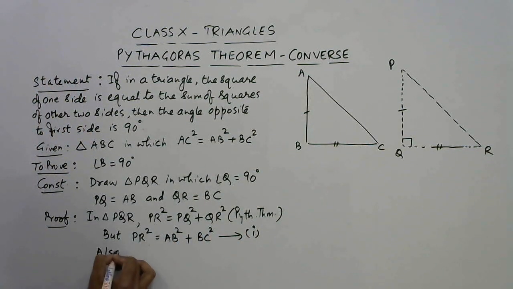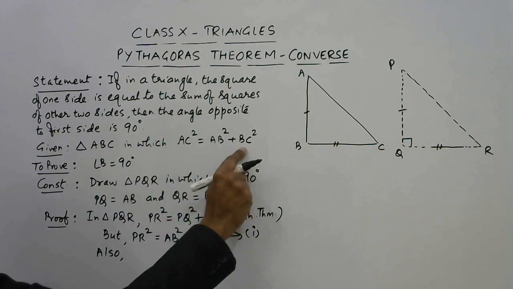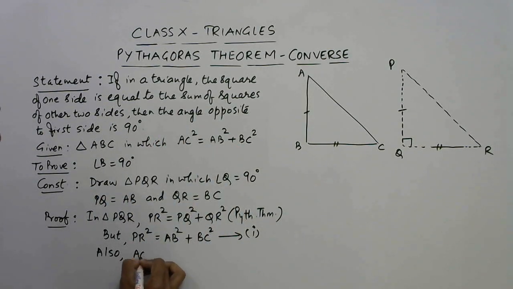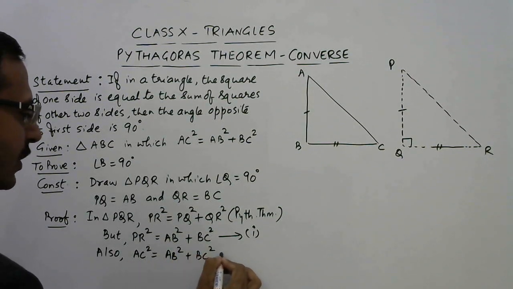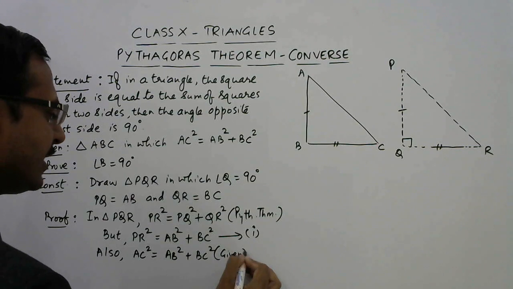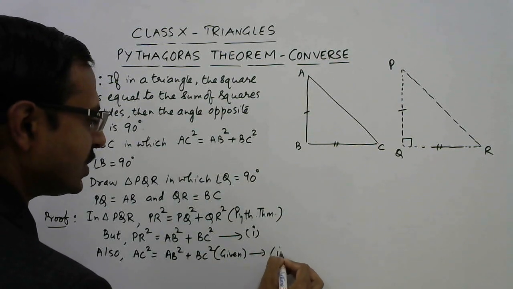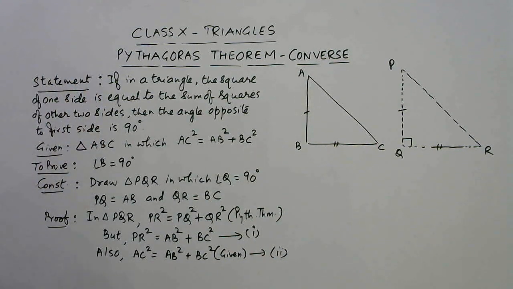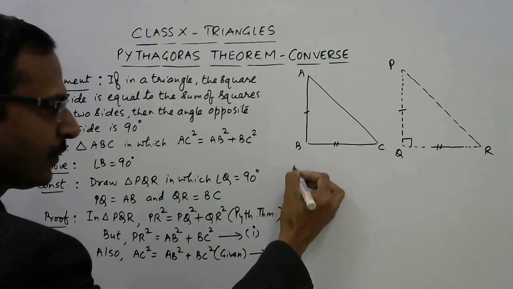Also, I have something given. See, AC square is actually equal to AB square plus BC square. This is given and this becomes the second equation. Once I get these two equations, the rest of the process is very easy. How?